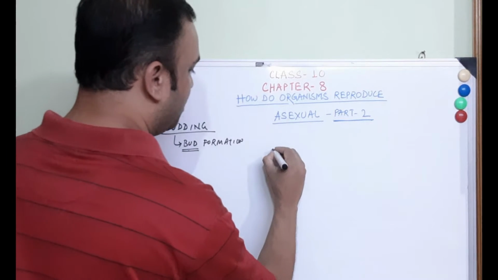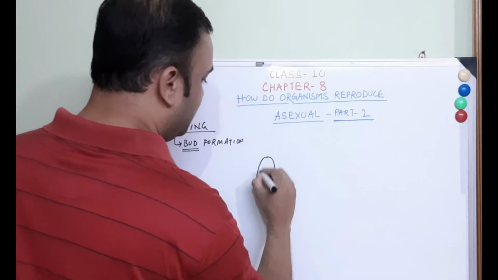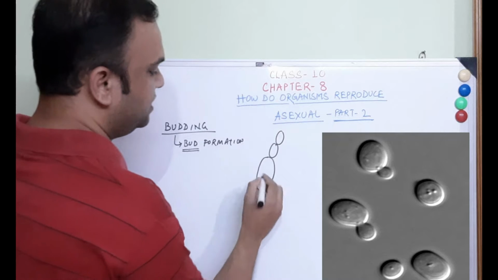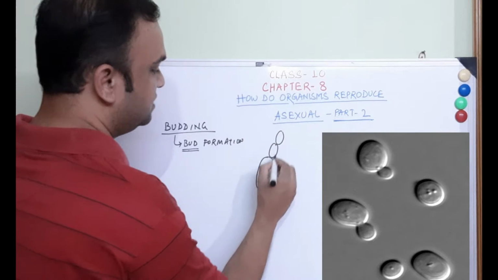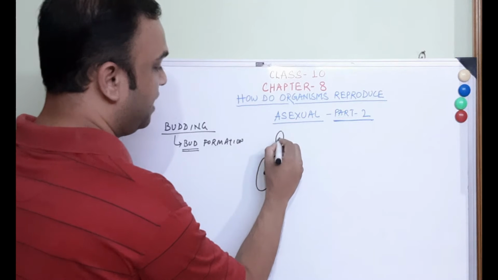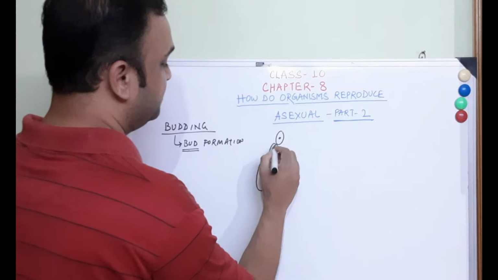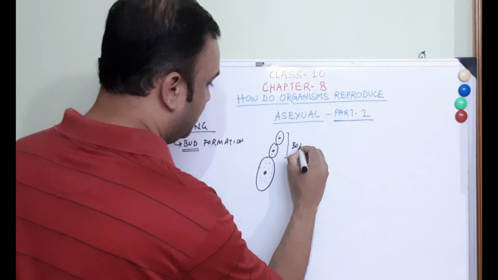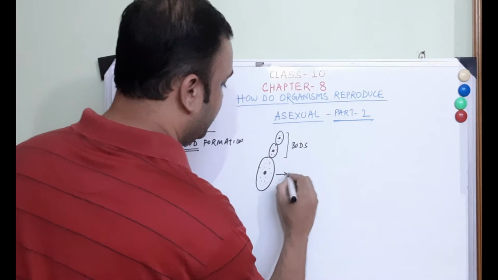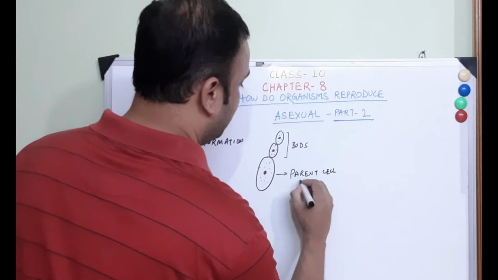So the most common organism that you have to study here is the single-celled yeast. Yeast is a single-celled fungus which is a eukaryotic cell. Generally we find that yeast cells are represented in a chain of cells, and these are the buds of the yeast, and this is the parent cell from which the buds are rising.